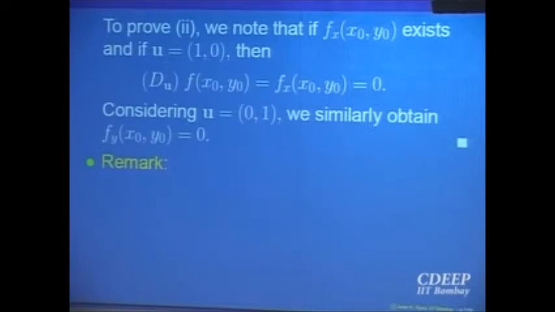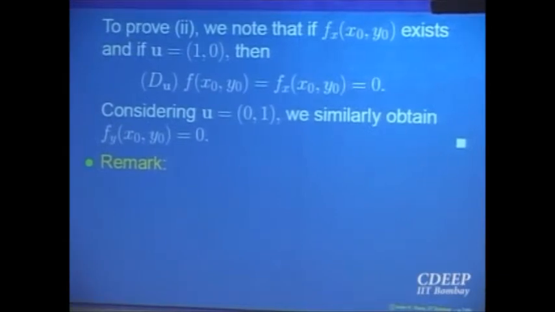The possible points for a function of two variables where it can have a local maximum or local minimum, provided that derivatives exist at that point, are such that the first derivative with respect to x is equal to 0, and the first derivative with respect to y is equal to 0. So this gives you possible candidates where the function can have a local maximum or local minimum.